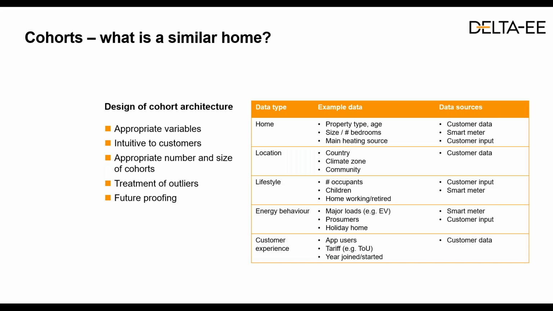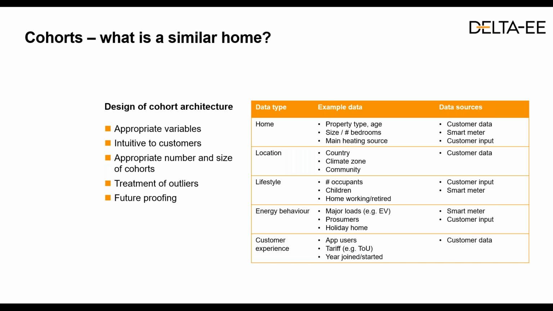The typical metrics included are the number of occupants in a property, the size of the property, the type of property, if it's detached or a flat, for instance, and the primary heating source is another major one.